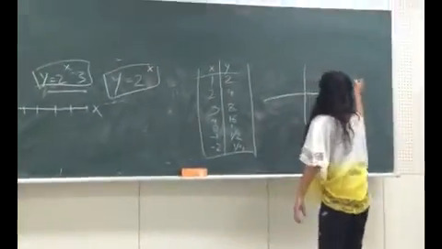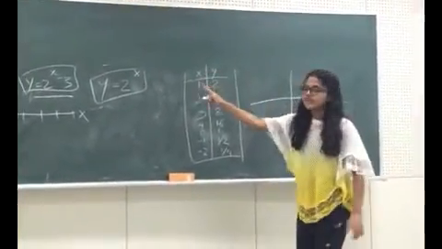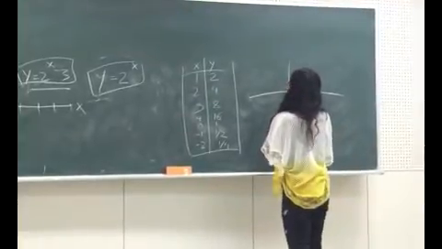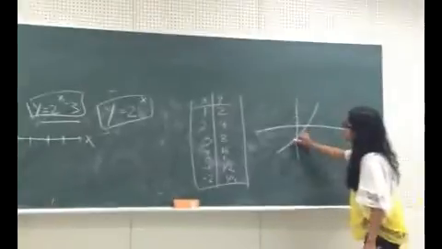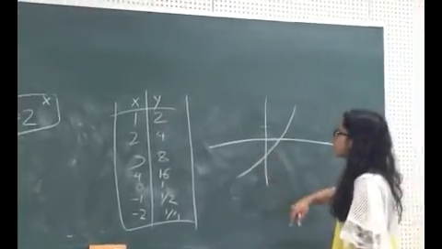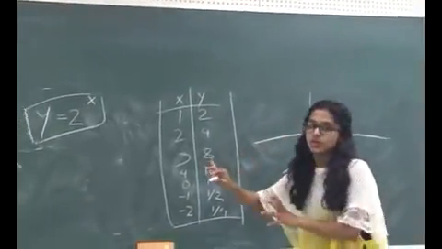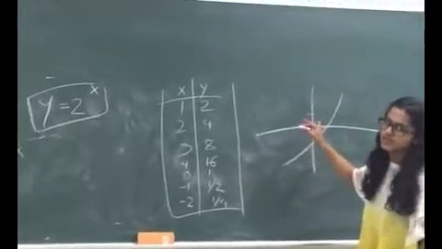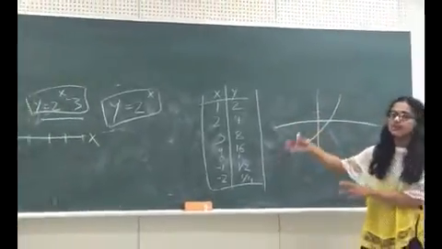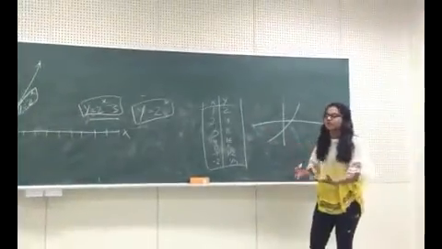For this function, our graph will be the same, but it will shift 3 units below. So in this case, some of the values may become negative, but the asymptote will remain the same. That will never ever become 0. The asymptote will remain the same.